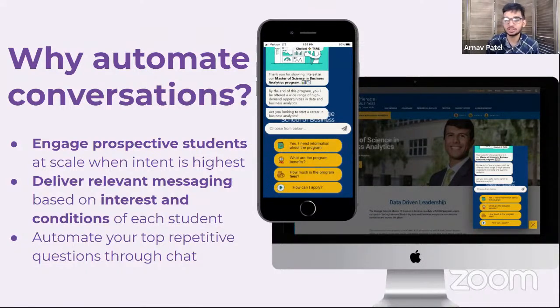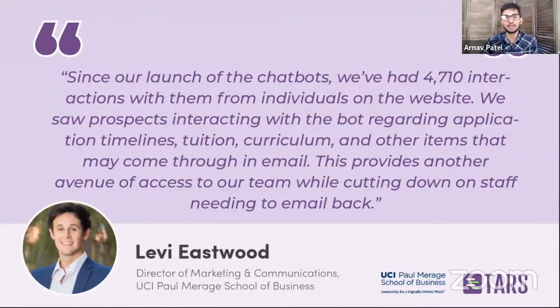Again, this gets back to the branching point that Levi was talking about, where you can deliver information that is specific to the conditions of each student, as opposed to having a one-size-fits-all page that presents information for everyone. And you can automate the repetitive queries that your admissions counselors are tired of addressing over email through chat, and in the process, make submitting an application a lot easier for students, which in turn makes them more likely to complete those applications.